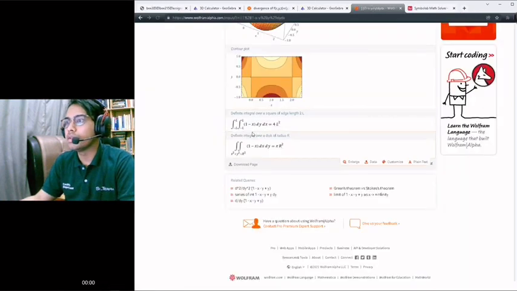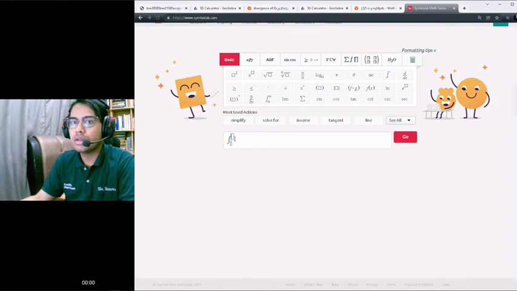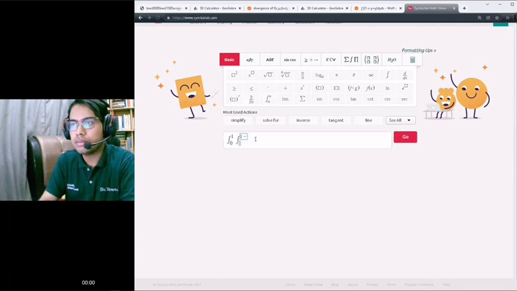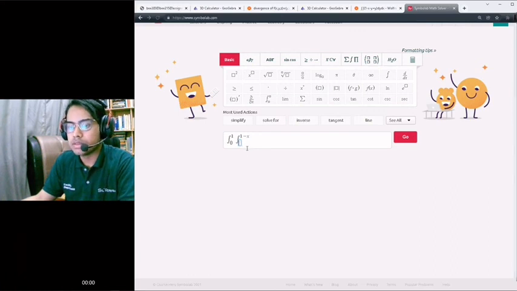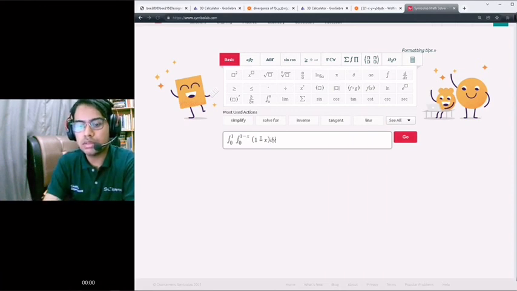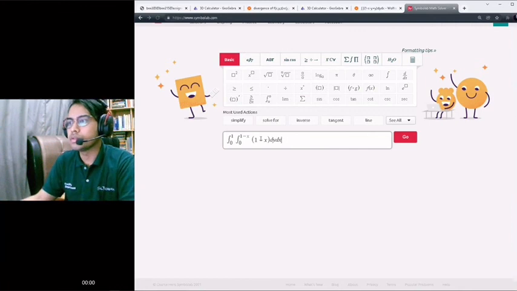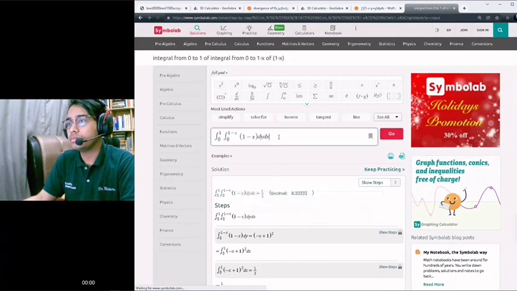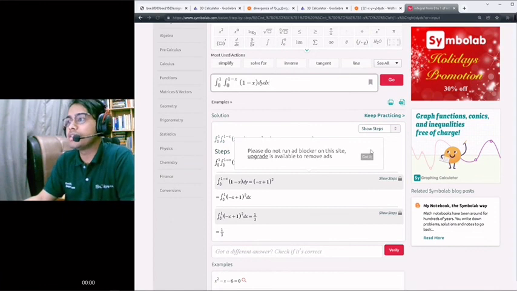We take the formula from before and put it in Simulab, with our limits: 0 to 1 minus x, and 0 to 1, as shown in the previous output of the software. Now we can just hit go. Okay, now this is the output.